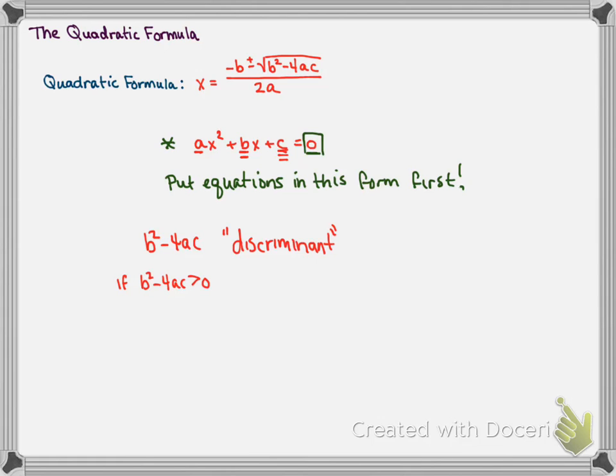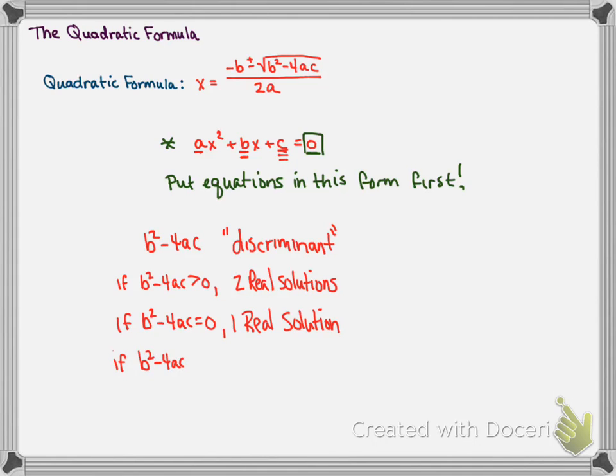If the discriminant b squared minus 4ac is greater than 0, or positive, it will have two real solutions. If the discriminant equals 0, the equation will have one real solution. And if the discriminant is less than 0, or negative, the quadratic equation will have 0 real solutions.